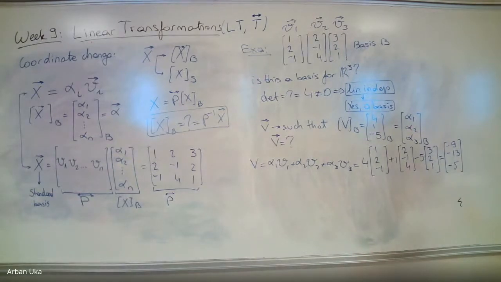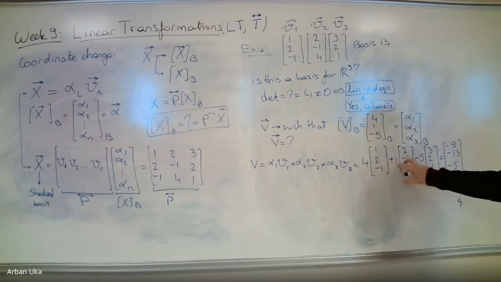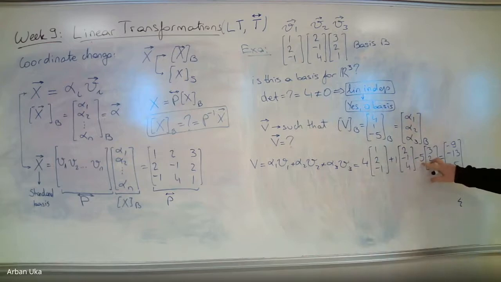Is this correct? Let me check again. So this is 4 minus 1, 3. 3 minus 10. No, there's something wrong. No, this is 8. 7 minus 10, this is minus 3. Okay. This is minus 3, minus 4, 4, minus 5. Okay. So apparently this is the vector V.